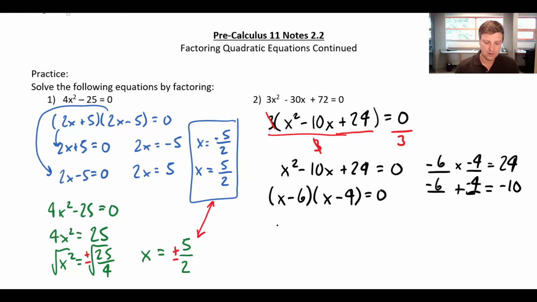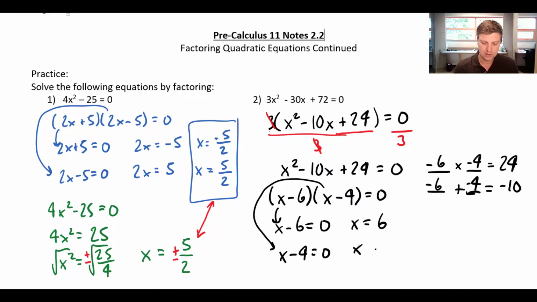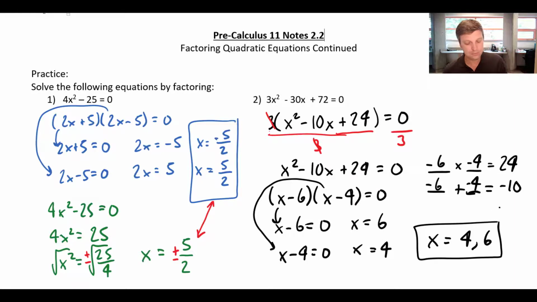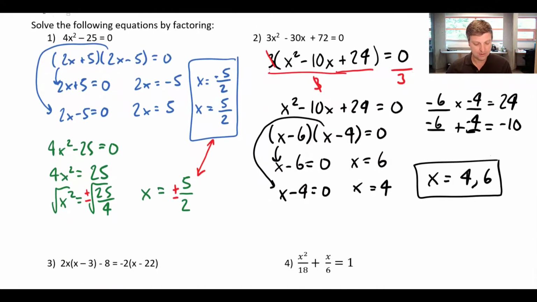Then x minus 6 equals 0, which means x could equal 6. Or the second binomial, x minus 4 equals 0, so x could equal 4. And so my solution is x can equal 4 or 6. Okay, moving on.